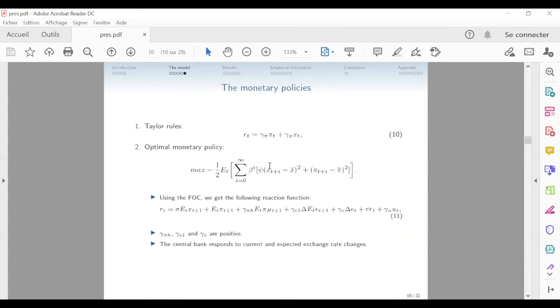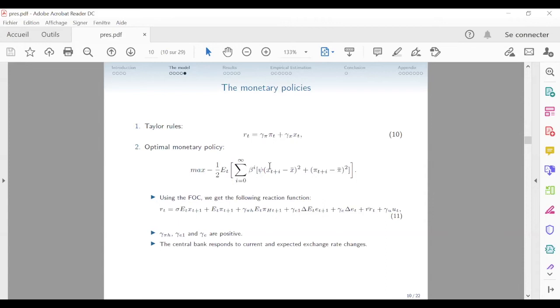Okay, so we close the model with the monetary policies. We consider here two alternative monetary policies. The first one is a really simple Taylor rule in which the central bank responds to inflation and the output gap. When we calibrate the model, gamma pi is equal to 1.5 and gamma x to 0.5.